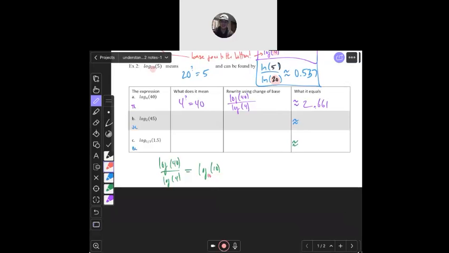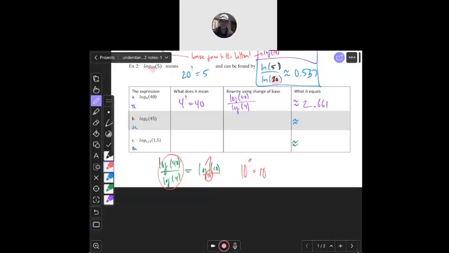Base is 10 means 10 to the what is 10. So log of 10 is equal to 1.